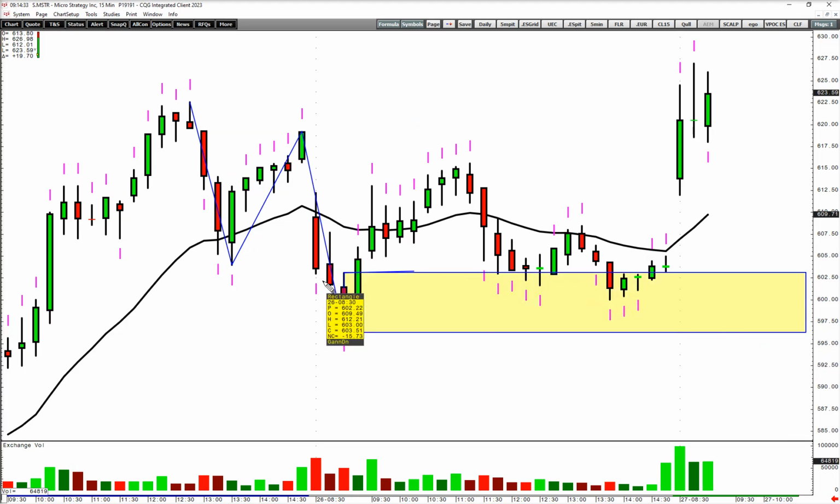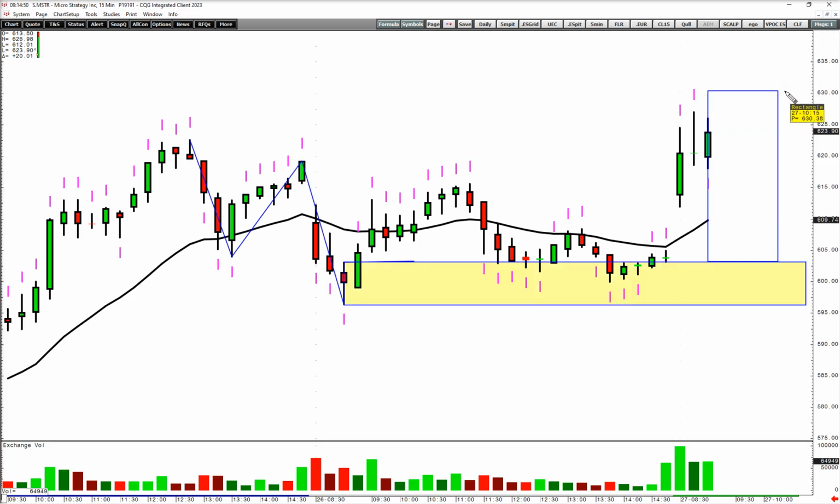MicroStrategy's isn't the most liquid stock out there, but this is basically $6.50 risk. 4R would be at about $26 above $6.29. So we're not quite at 4R yet on that, but we're close.